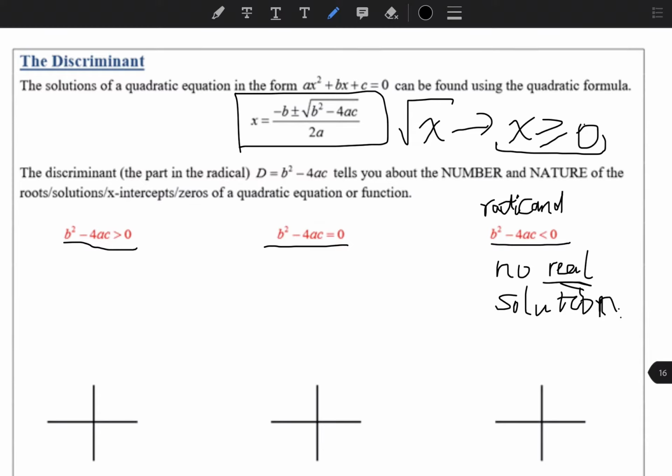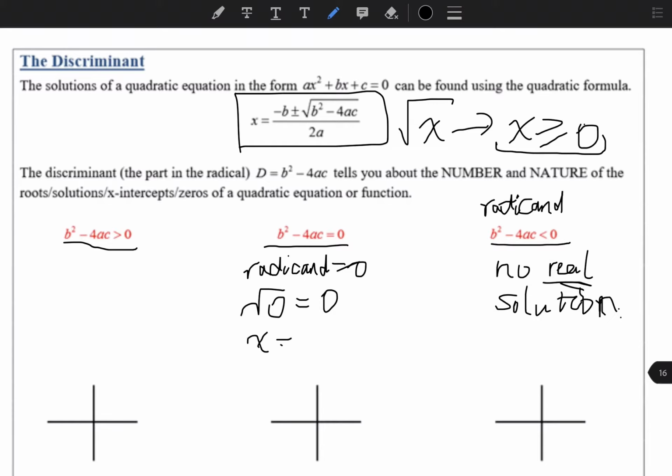Now, when it's greater than 0, we'll talk about that last. When the radicand is equal to 0, the square root of 0 is just 0. There's only one square root for 0, which means if you do x equals negative b plus or minus the square root of b squared minus 4ac, that whole radical just disappears.